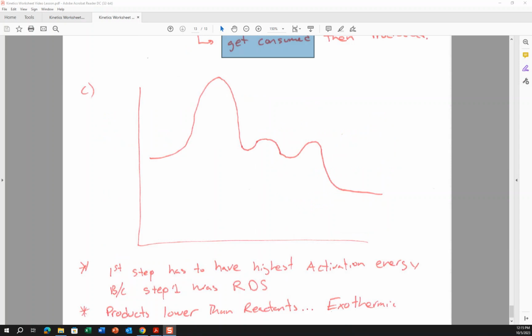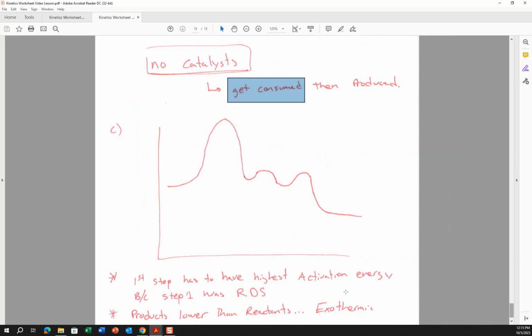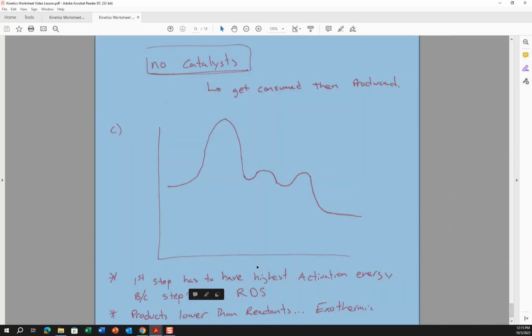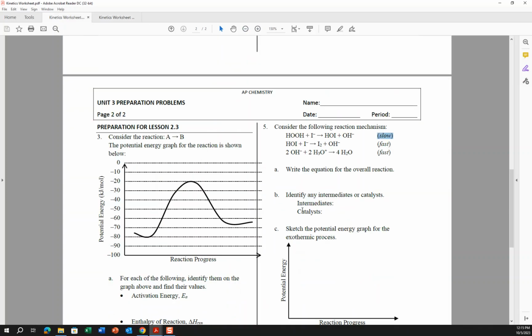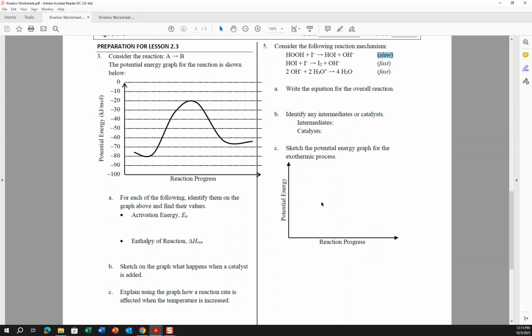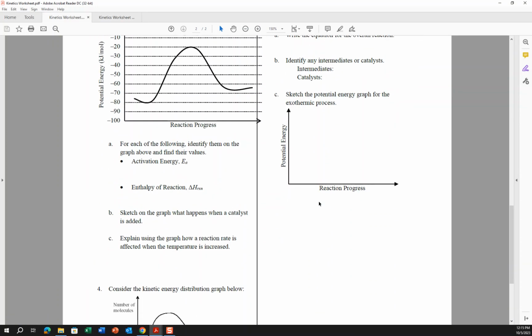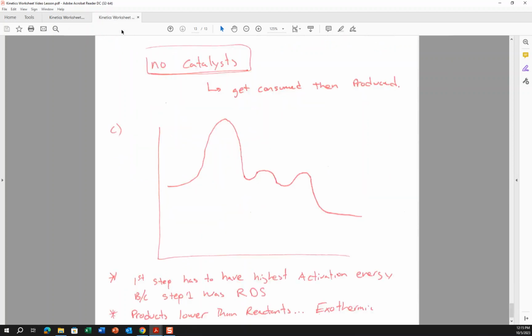And then the last thing is it had to be exothermic because we were told it was exothermic. Where were we told that? Oh, yeah, it says right here: for this exothermic process. So that means this line at the end, the products area, has to be lower than the reactants area.